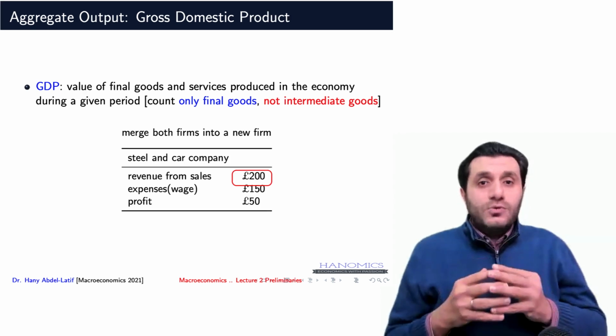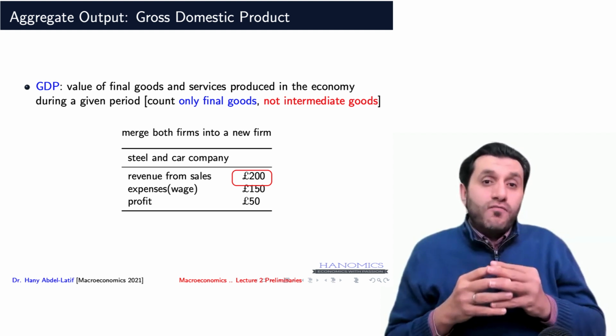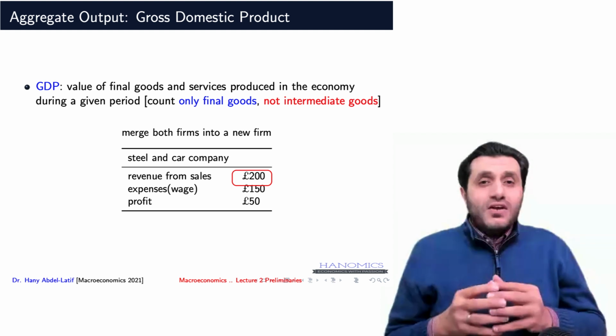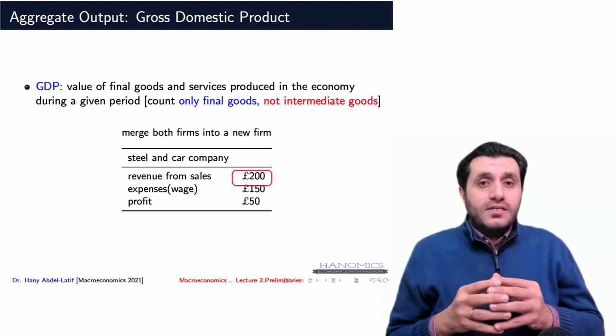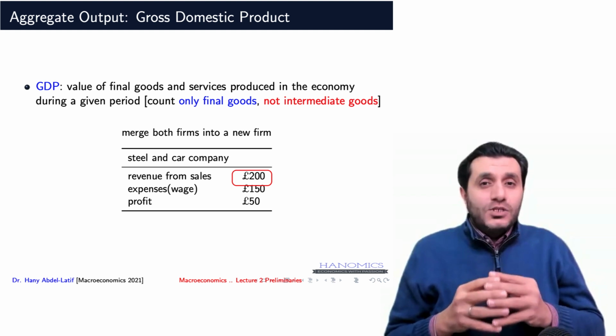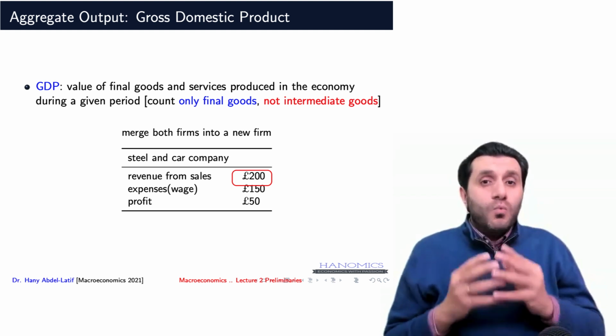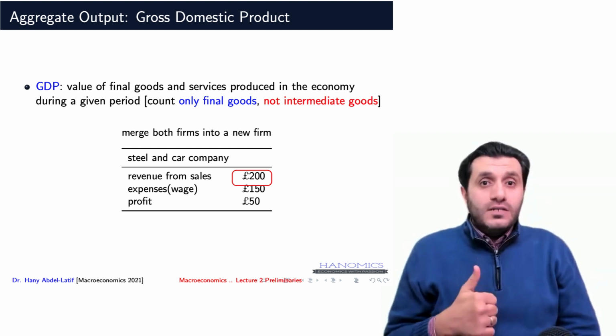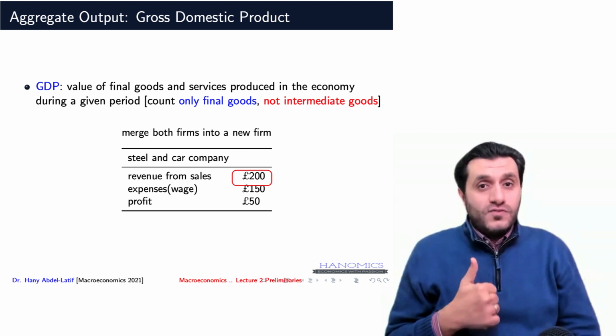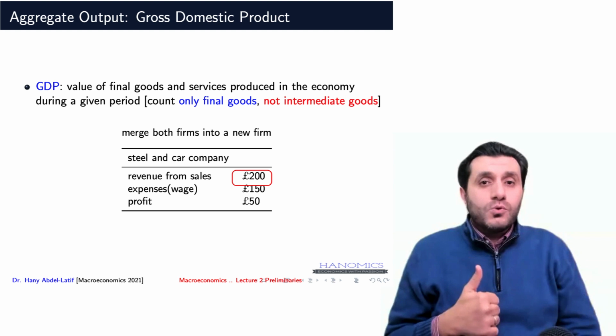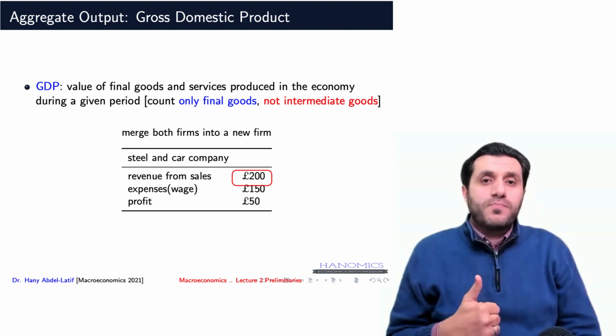Merging both firms into a single firm would help us to see the value of final goods. Notice here that the revenue from sales in the merged firm is £200 only. Why is that? Firm 1 sold £100 worth of steel, while Firm 2 sold cars for £200.